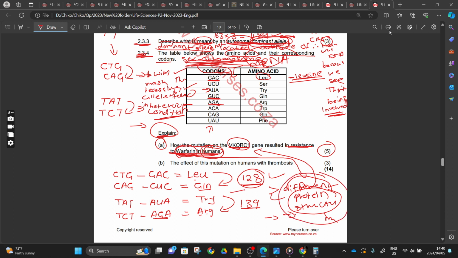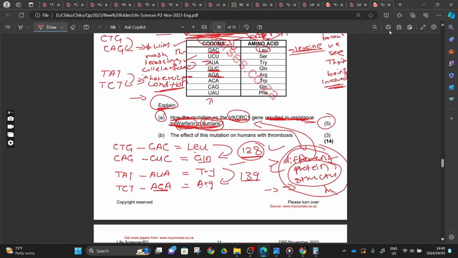You'll get it when you tell us how the mutation results in resistance. You have to tell us the protein structure will change, and due to the protein structure changing, it will affect warfarin acting upon that protein, and that will result in resistance.